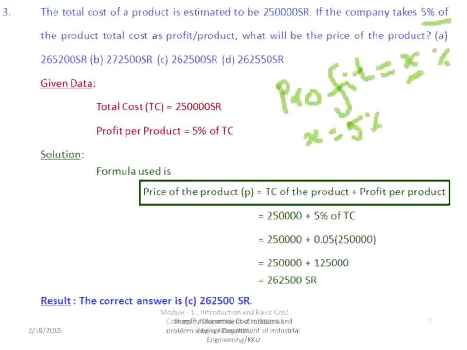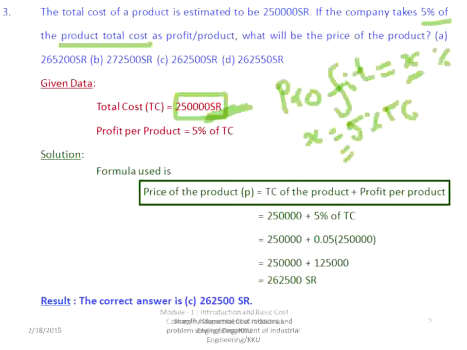This X is equal to 5% of the product's total cost. Understand me? What is total cost? Total cost is given here as 250,000 Saudi Riyal. So profit is 5% of this value.